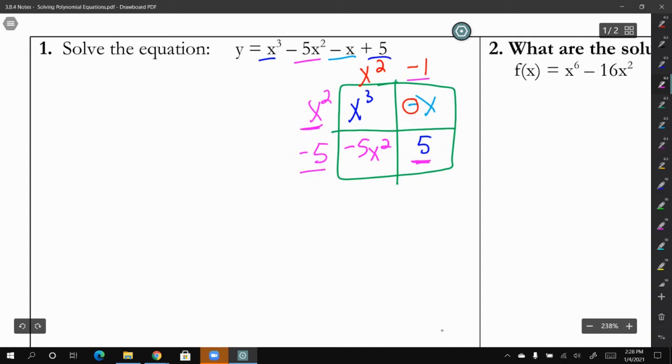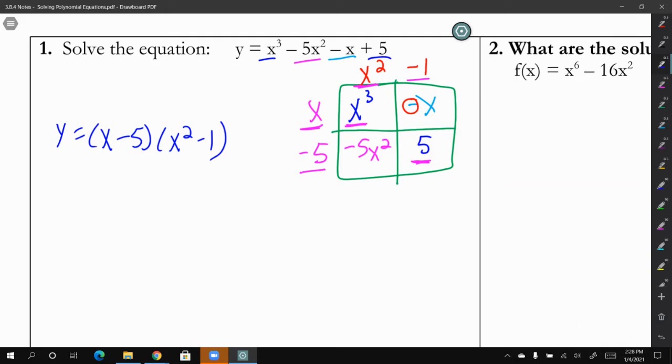And x times x squared is x to the third. So now our factored form will be this. Okay, so far we've done the same steps that we did for graphing in the previous lessons.